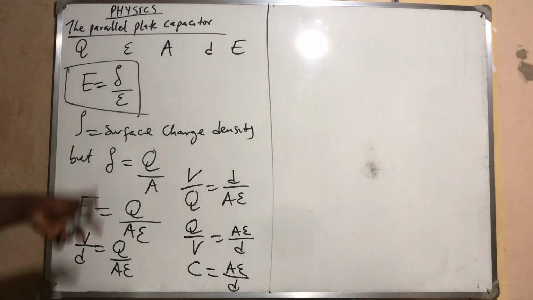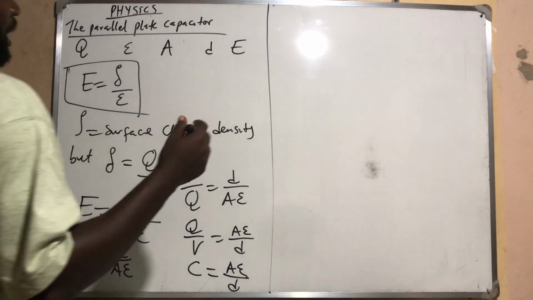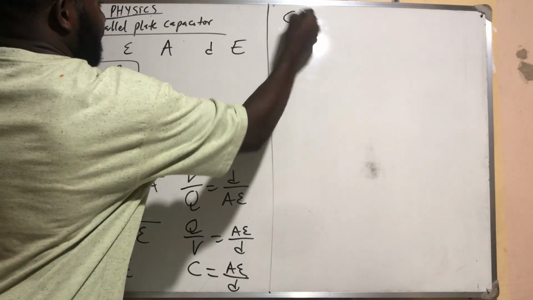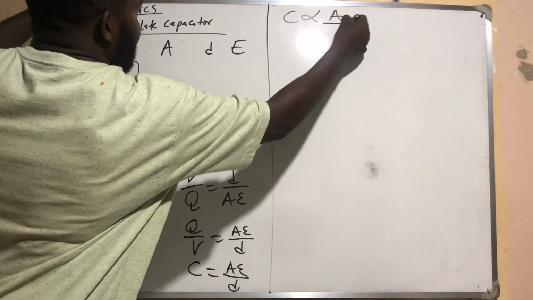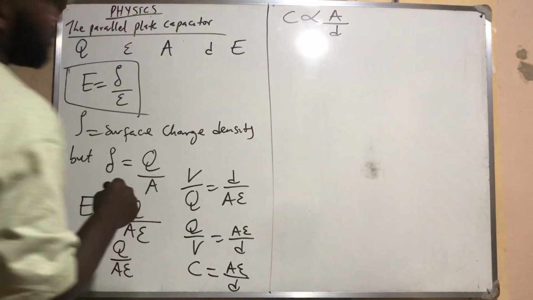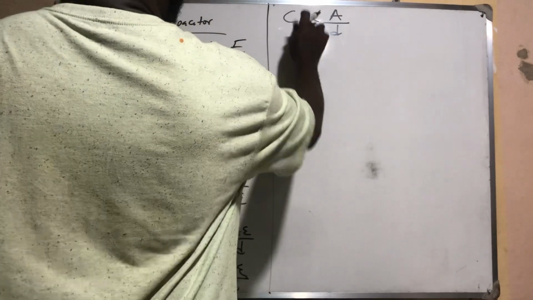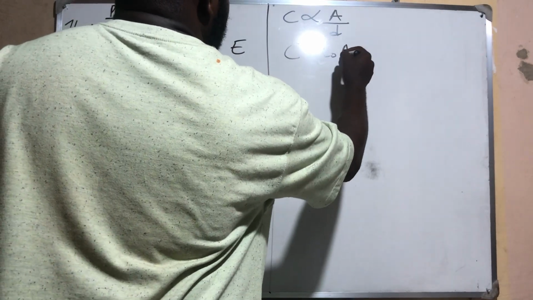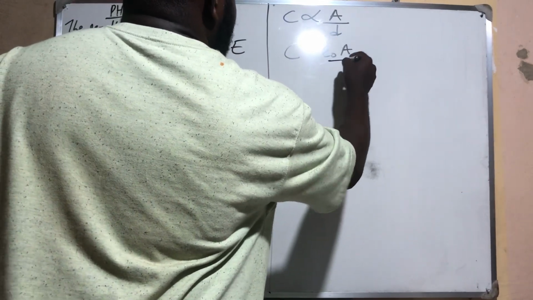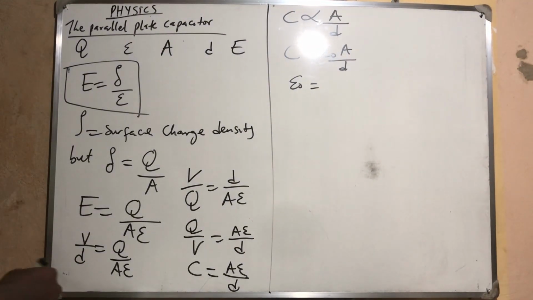But even without knowing this derivation, you should know that the capacitance of a capacitor is directly proportional to the area, and inversely proportional to the distance apart. If you remove the proportionality sign, C is equal to E naught A over D, where E naught is the permittivity of free space.